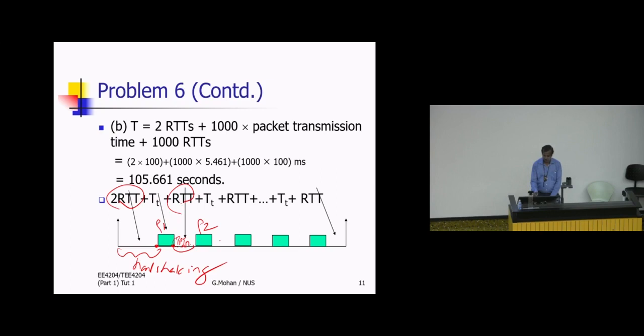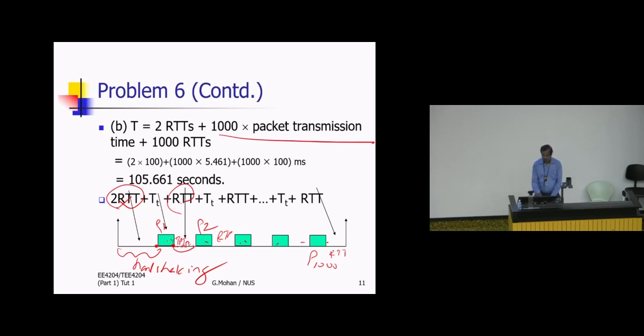So that happens for every packet transmission. After P2, there's a delay of RTT. P3, P4, then P1000, then there's a delay of RTT. Now if you add everything, initially there's 2 RTT. Then there are 1000 packet transmission times.